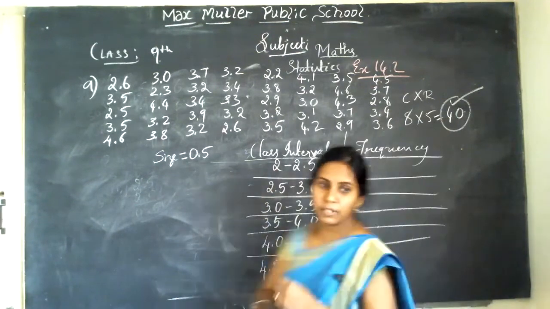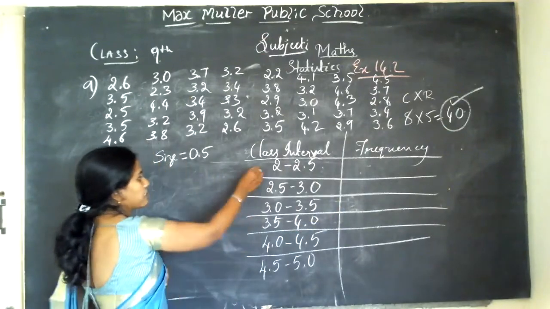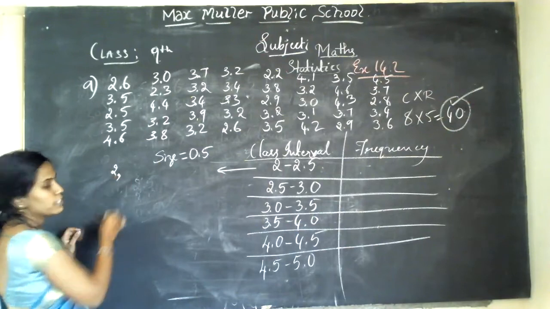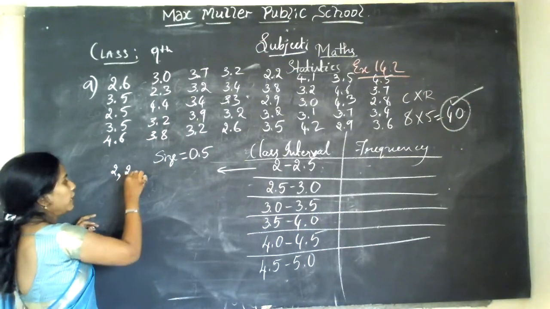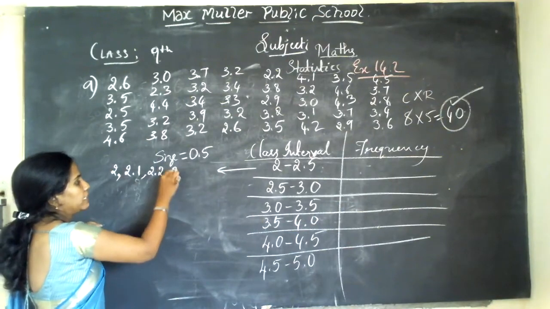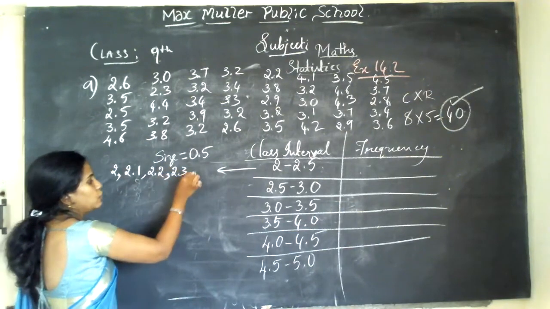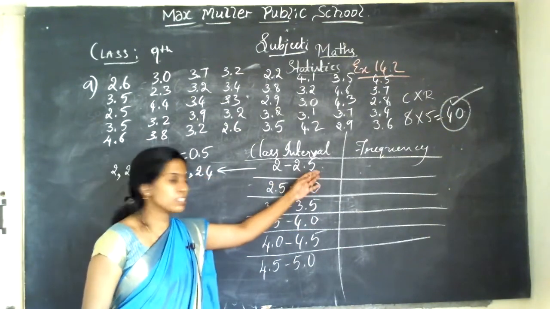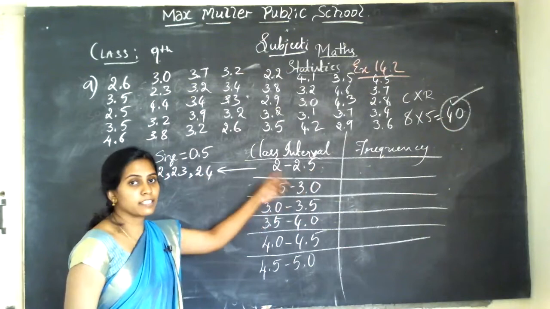Search for the numbers between 2 to 2.5. As I told you, the search starts from 2. 2 is nothing but 2.0, 2.1, 2.2, 2.3, 2.4. Don't include 2.5 because you have to include it in the next row.